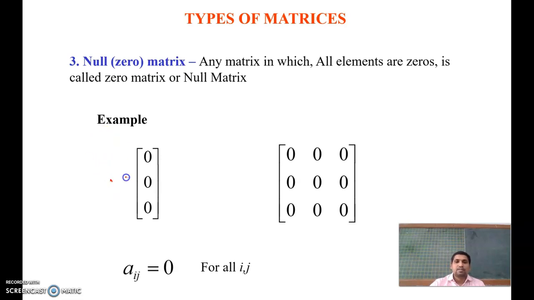These are the examples. You can see here all elements of these matrices are 0. This is a 3 by 1 matrix and all its elements are 0. This is a 3 by 3 matrix and all its elements are 0. So that's why it is a zero matrix or an example of a null matrix.